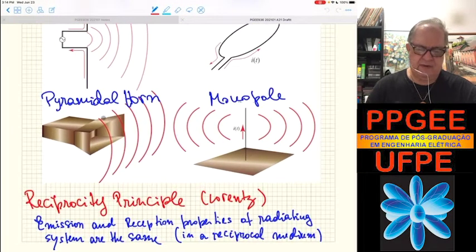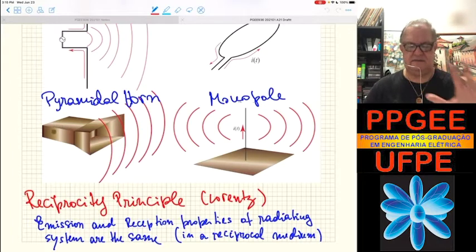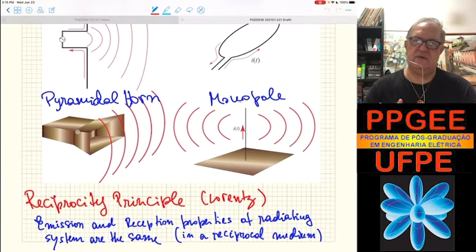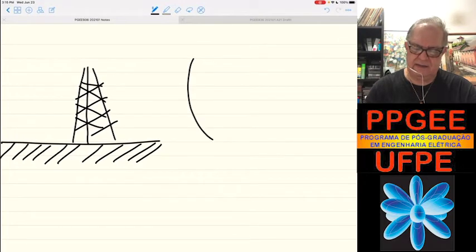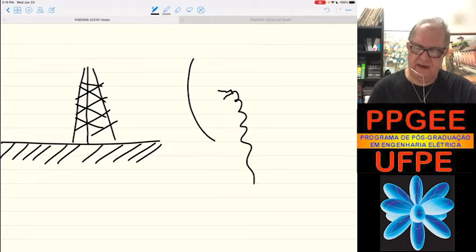This is a pyramidal horn in which we can have energy coming out of a waveguide, then radiates. Or you can go the other way, you can detect radiation. Sometimes you can see a parabolic concentrator antenna. In the middle, you're going to have a pyramidal horn that's going to catch the information.